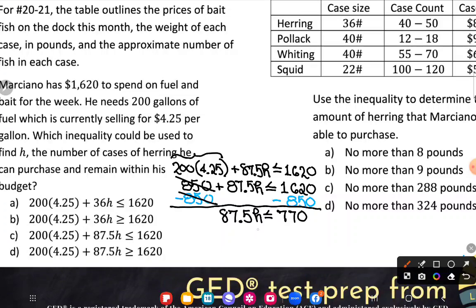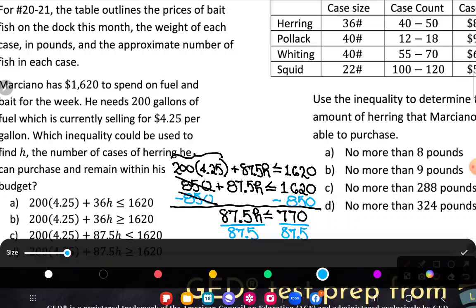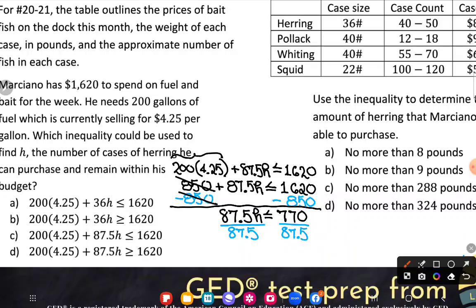And herring costs $87.50 a case. So I will divide away that 87.5 on both sides and see how many cases, remember the H represented cases of herring. Know what your letters represent. So multiplying and dividing by 87.5 cancel.